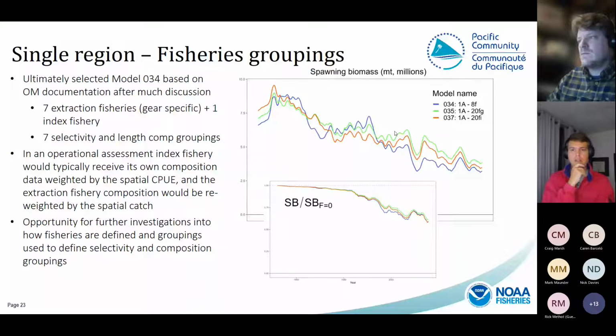But I think there's an opportunity for further investigations into how fisheries are defined and groupings used to define selectivity and composition groupings. I guess if we were to start from scratch and use that more highly resolved 5x5 data, we might end up doing what's closer to what is done in the operational assessments, which is that second bullet. That being said, we went forward with the simpler Model 34, that blue line.